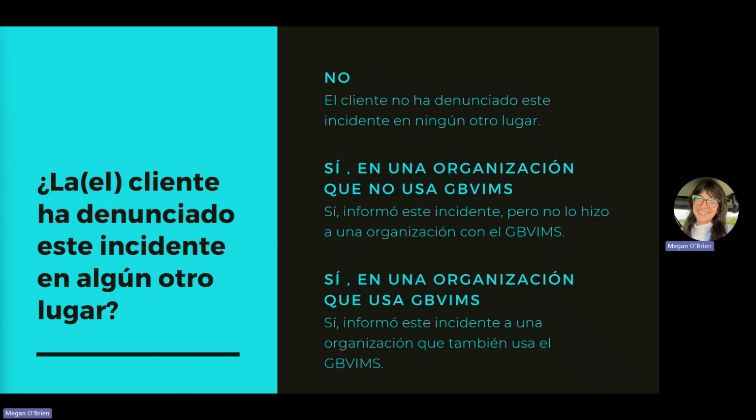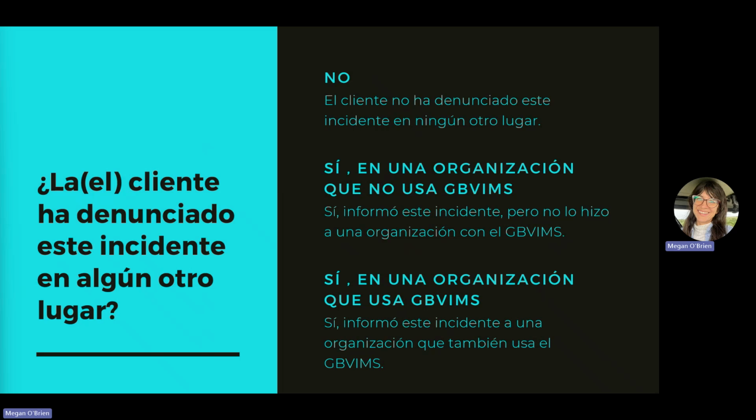If she has reported the violence elsewhere, you can mark this as yes to a non-GBVIMS organization. So this means that she may have reported it to an organization that is not recording the data in the GBVIMS, therefore it would not be duplicative. So this might be a health facility, for example, or maybe she's reported it to the police. These would be non-GBVIMS organizations.